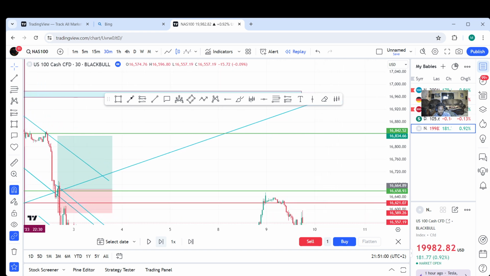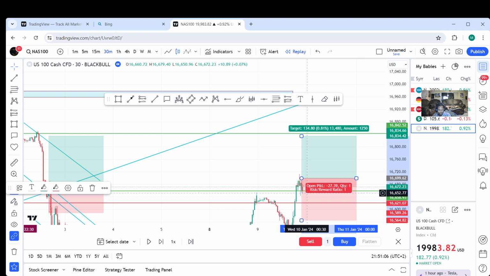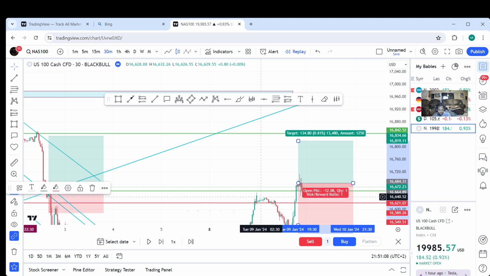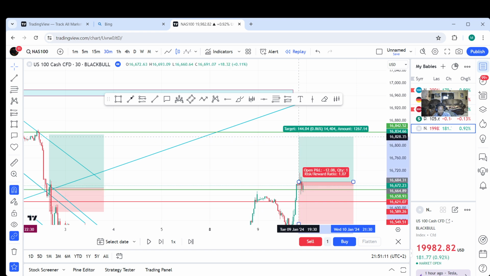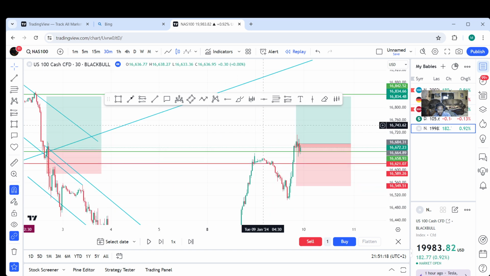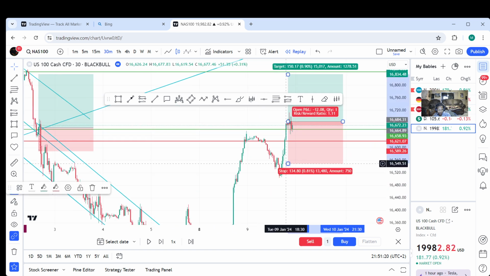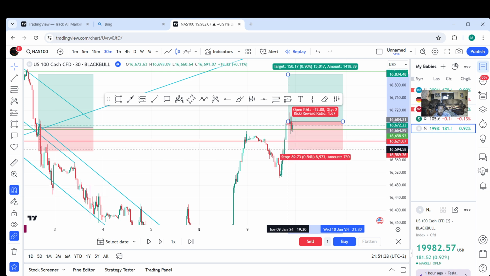Okay, let's wait. Okay, there's another entry right here. Here's another entry right here. As you can see, it is still the same level. Literally still the same level. But it does not mean when you take a loss at the first go, you should just give up. No, you should always go, guys. Always go.